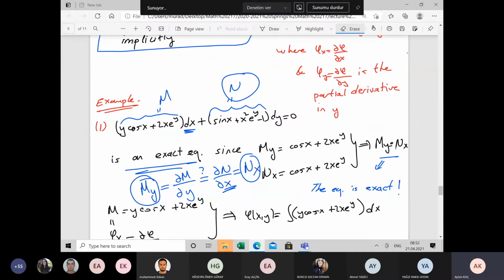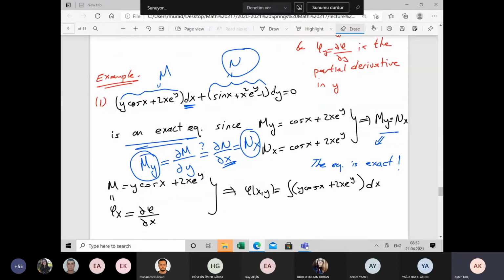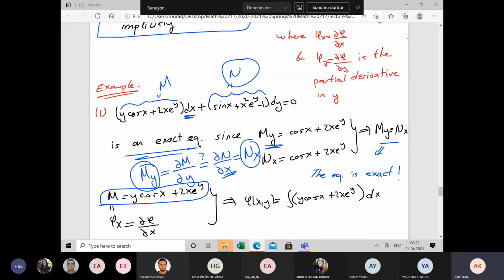M sub y means the partial derivative with respect to y, and we consider x as a constant.